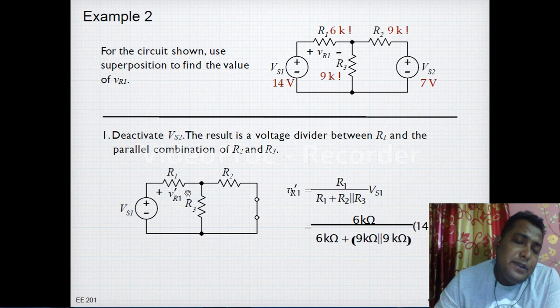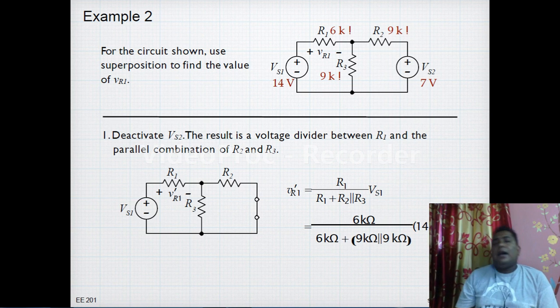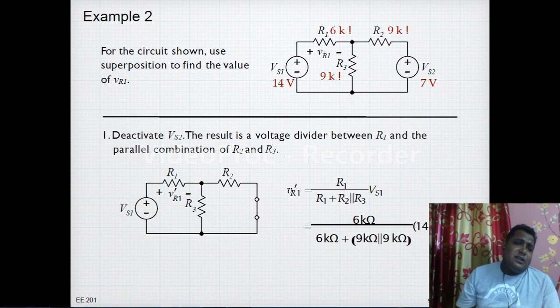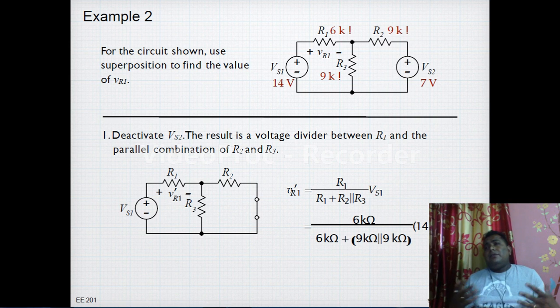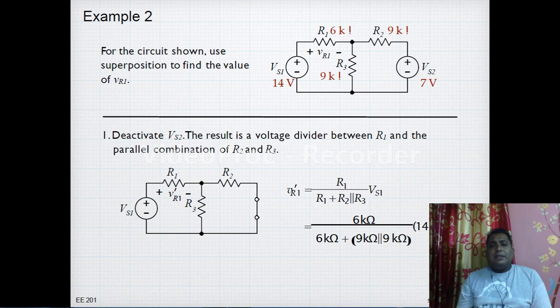If we want to find the main source current, then we take Vs1 by R equivalent, and then apply the current division rule to find the branch current, and multiplying with the resistance value, we get the voltage.